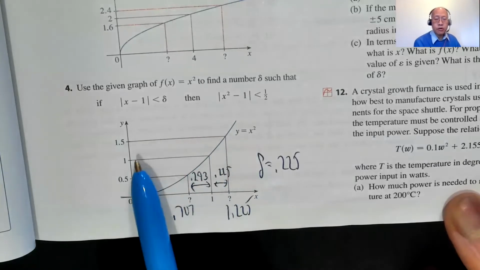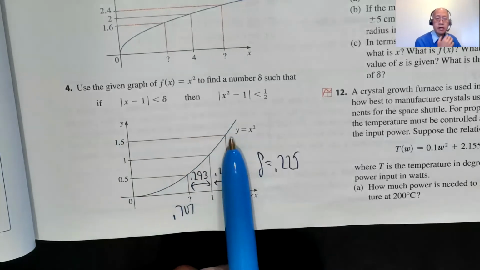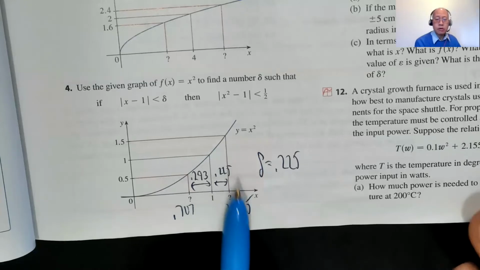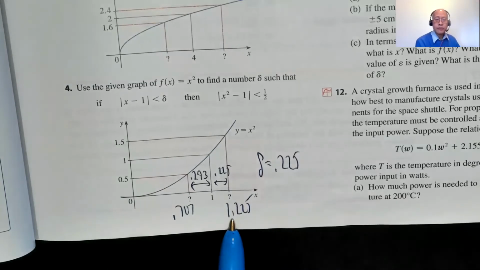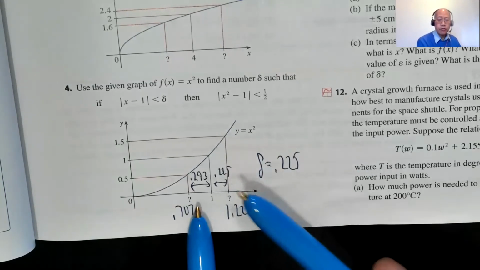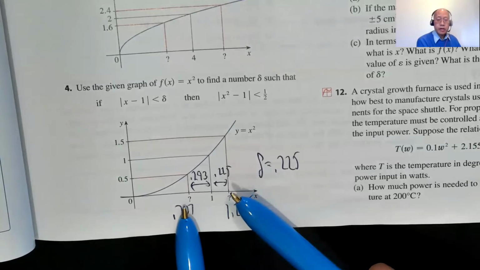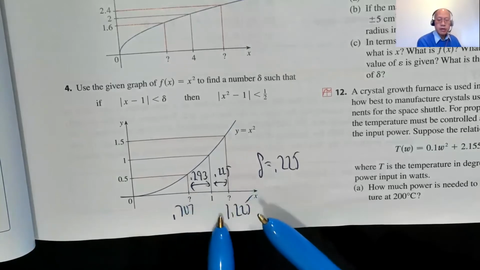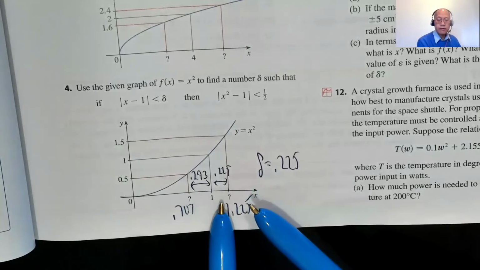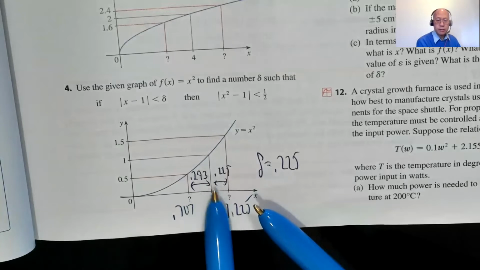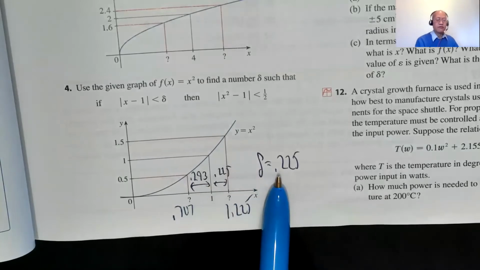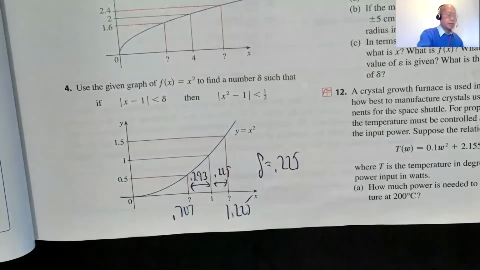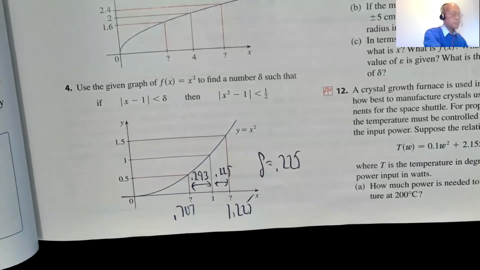Similarly, what's the x coordinate if the y coordinate is 1.5? Plug in 1.5 for y, take the square root, 1.225. Okay, so the distance between 1 and 0.707 is 0.293. Distance between 1 and 1.225 is 0.225. The delta should be the smaller number, which is 0.225. Okay, so that's what we have over here.